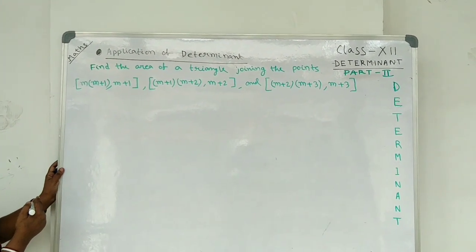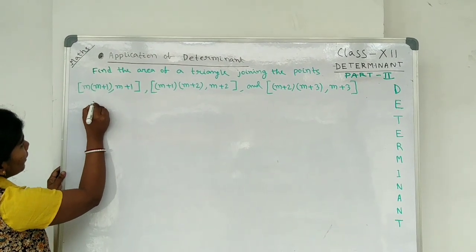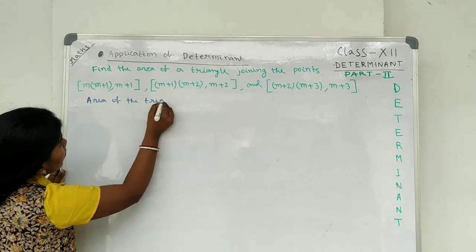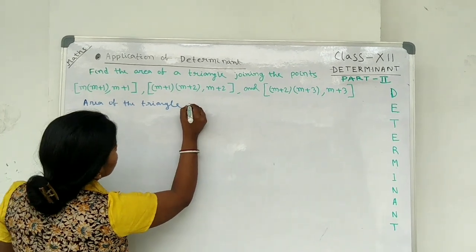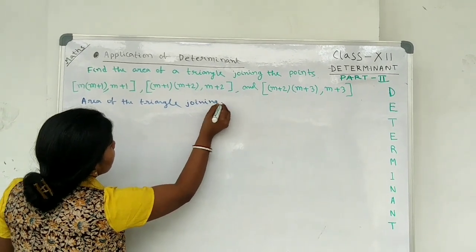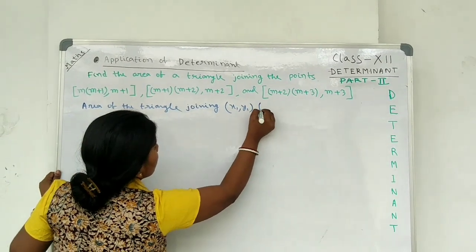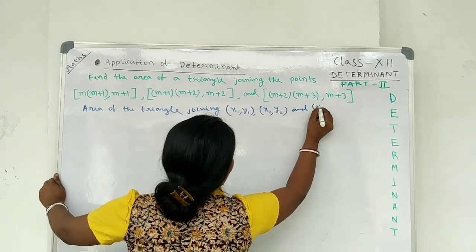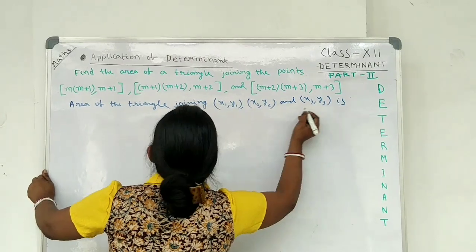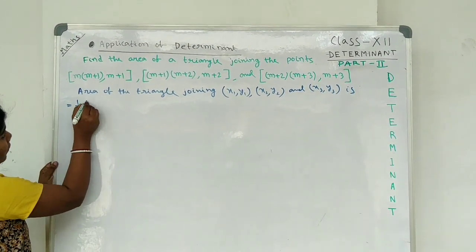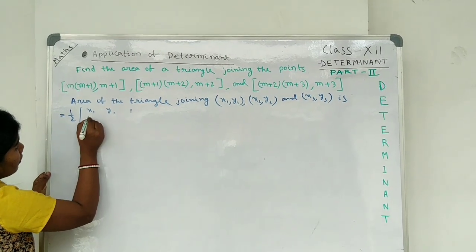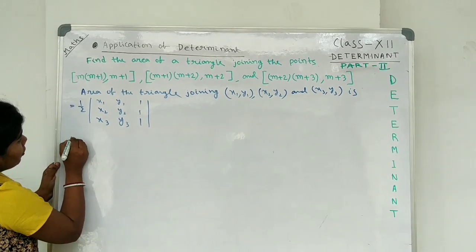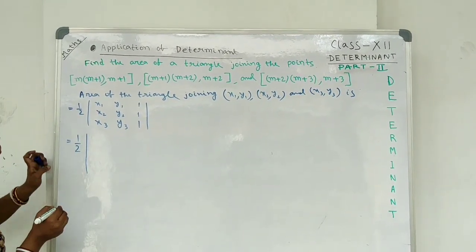Now from determinant, we know that area of the triangle joining the points x1 y1, x2 y2 and x3 y3 is equal to half into the determinant x1 y1 1, x2 y2 1, x3 y3 1. So here we will put the value.